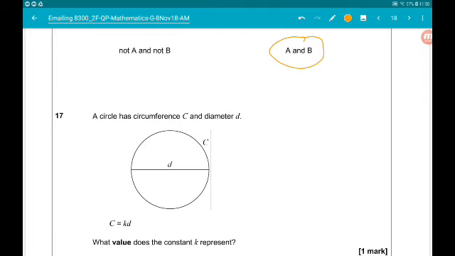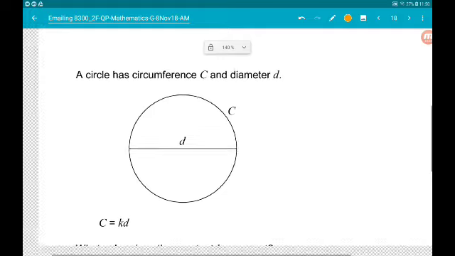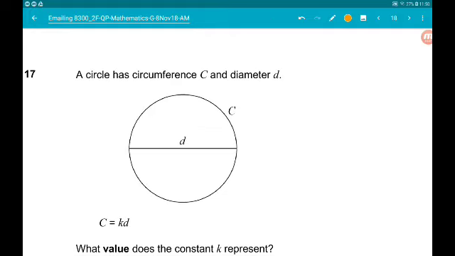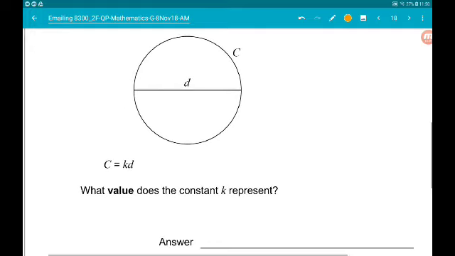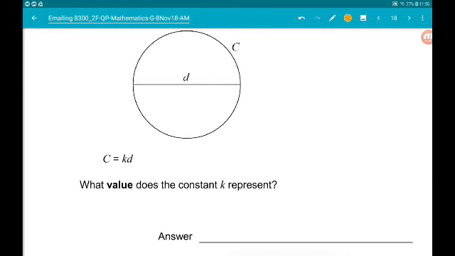17. So we are now on the questions that are also in the higher paper. 16 was 2. So, a circle has circumference C and diameter D. We've got C is equal to KD.